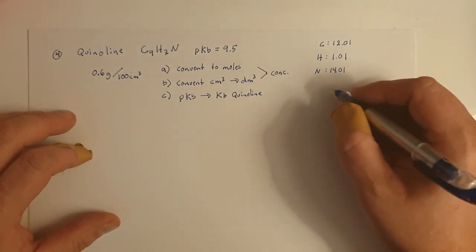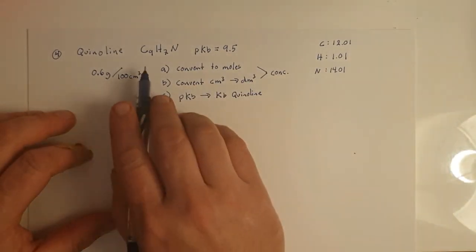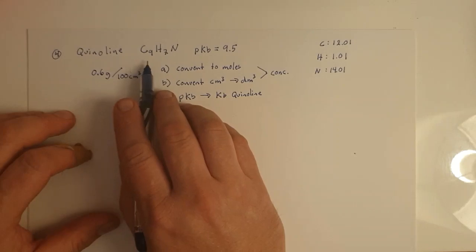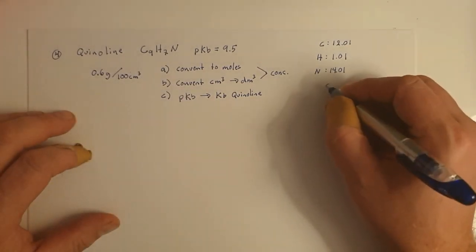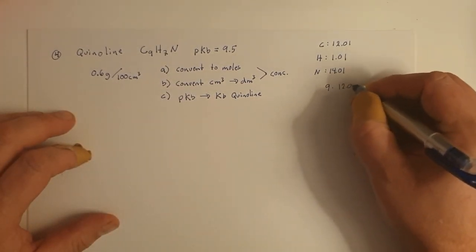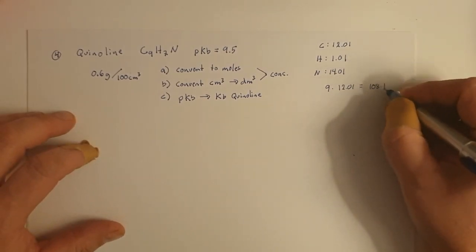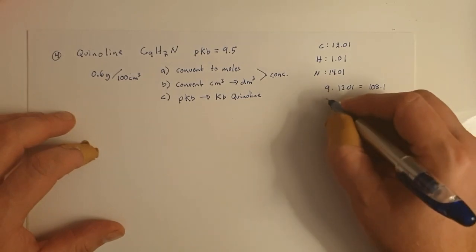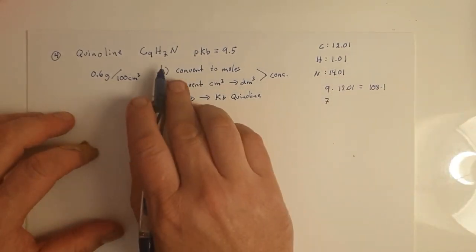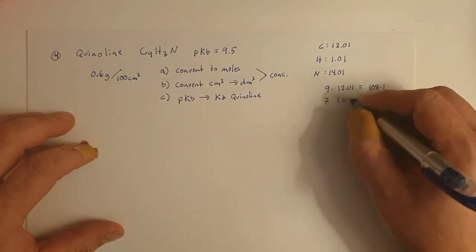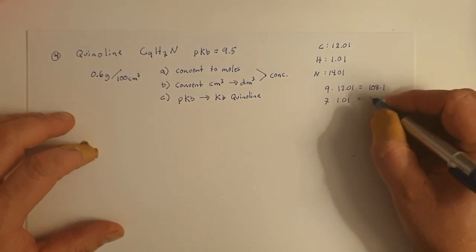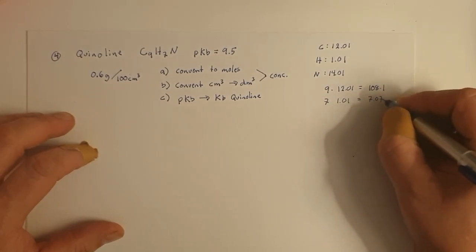Quinoline has 9 carbons, so 9 times 12.01 is 108.1. We have 7 hydrogens, 7 times 1.01, equal to 7.07.